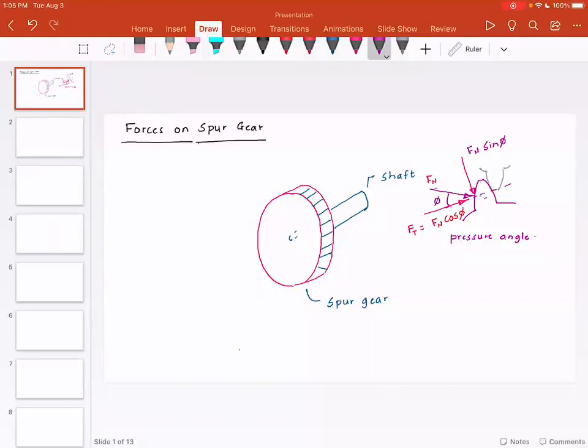Now, in the design process, usually the power is known. From there, we find the torque, and then we find Ft, which is the tangential force.